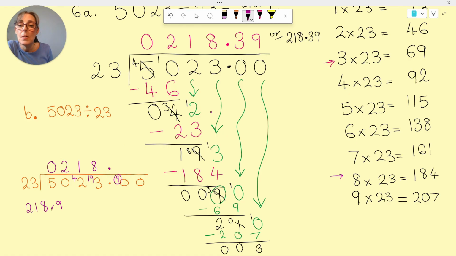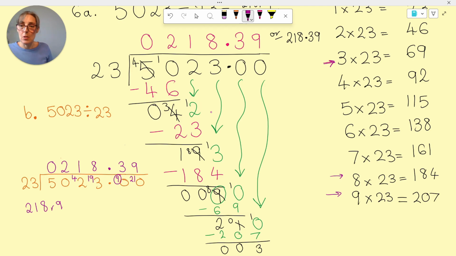So how many 23s fit into 90? That's 69, that's 92, so it's 3 lots. And 3 lots is 69, so 69, 79, 89, so that's 21. And then how many 23s fit into 210? 9.